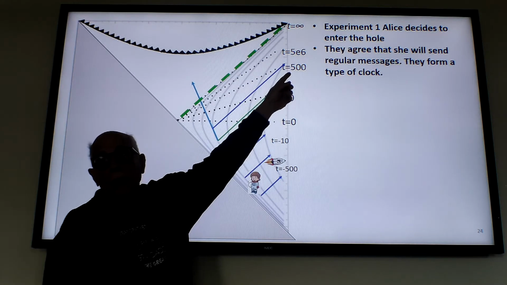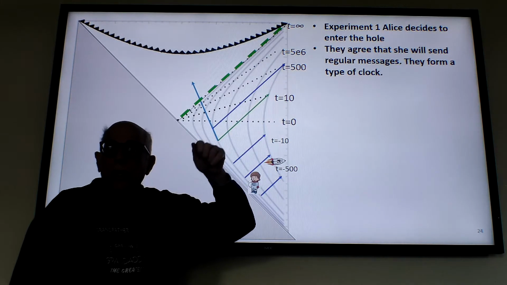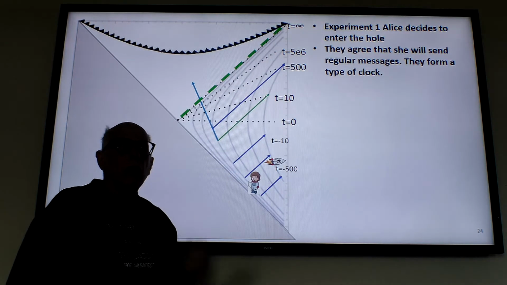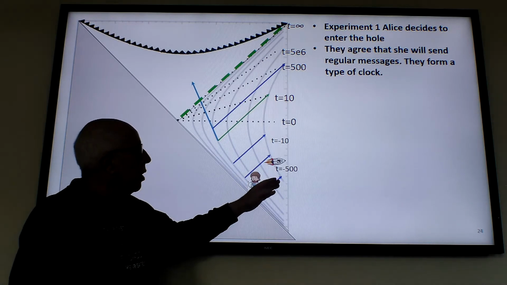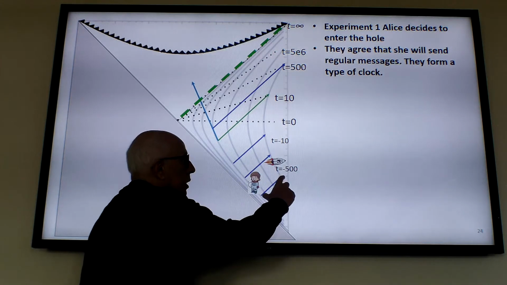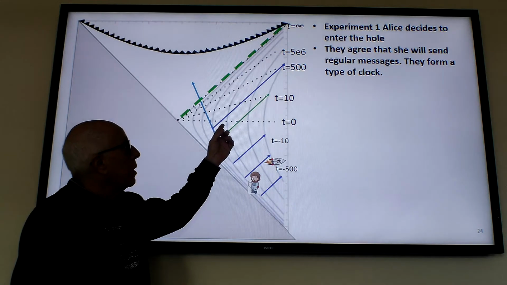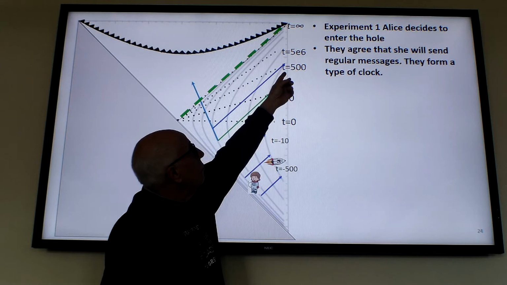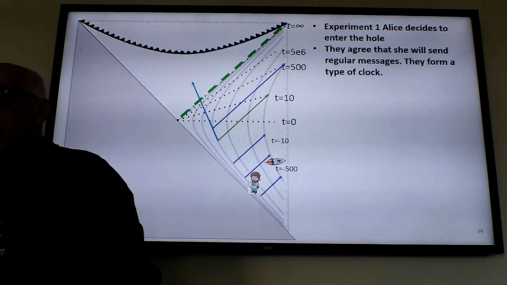At t = 500. Far in the future. That is, she sends a signal, but because of the geometry around the black hole, it takes a long time for that signal to get to him. So early on, she sends a signal, he gets it at the appropriate time, which is dictated by how far apart they are when they start the experiment. But because this is so crazy nonlinear, notice, this is 500 seconds in the future, then it's 5 million, and then there's infinitely far in the future.